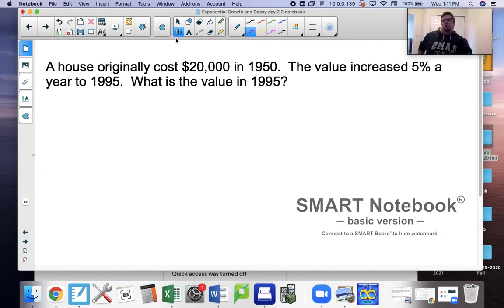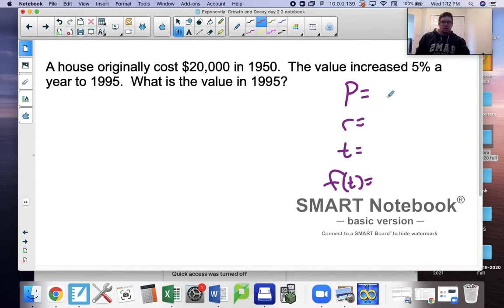A house originally cost $20,000 in 1950, and that value has increased 5% a year all the way to 1995. What is the value of the house in 1995? What I like to do with all these problems is go through the four major pieces of our formula and see what I know, so I know what I'm looking for.